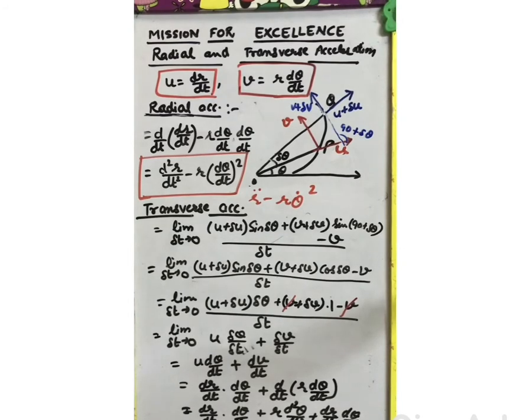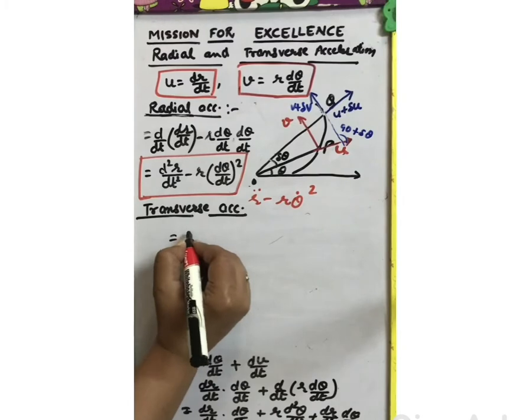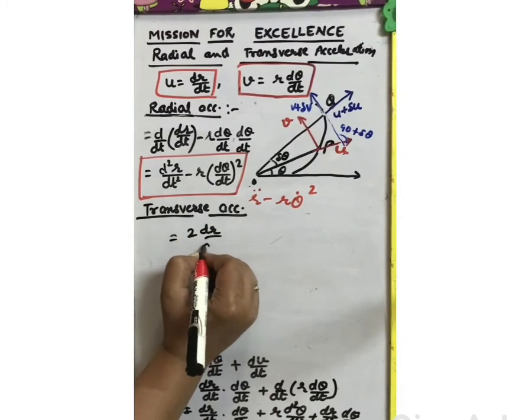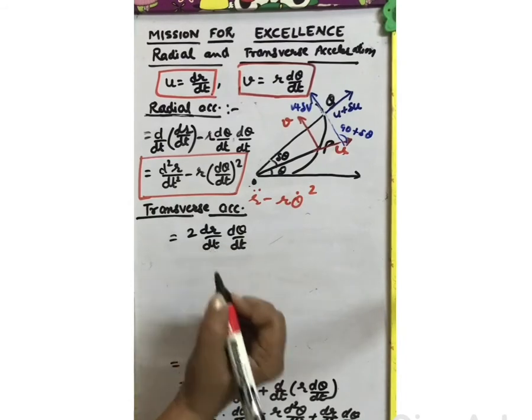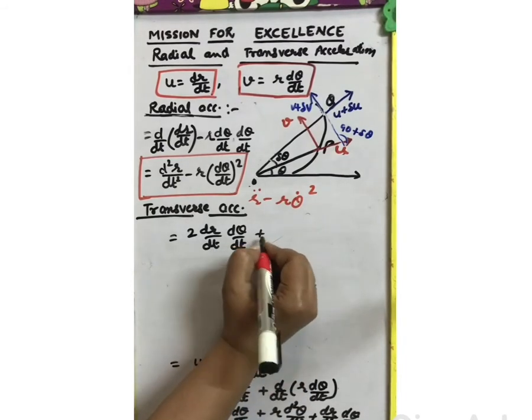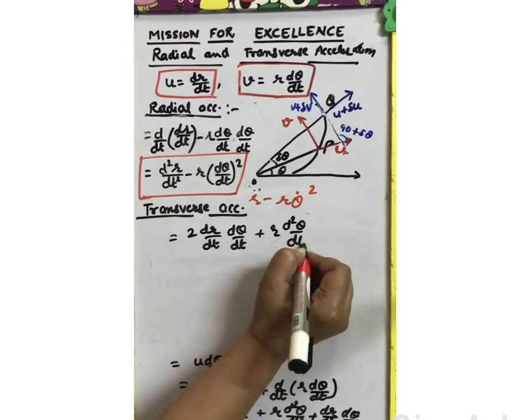Now let us simplify it. Dr by dt d theta by dt, and this is the same term, so it will become twice of dr by dt d theta by dt, and this one r d2 theta by dt square.